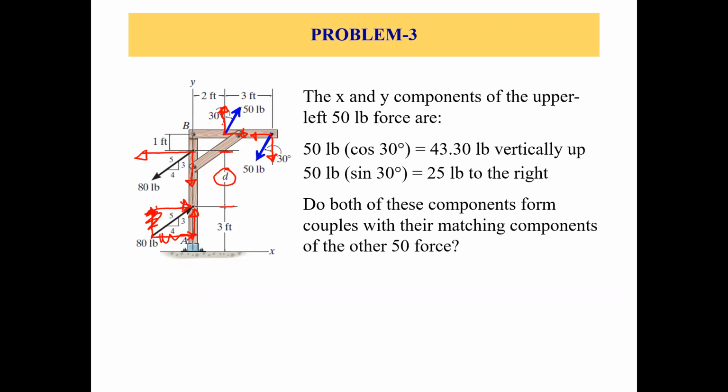All right. So now let's find these components and then try to find the resultant couple. What are the X and Y components of this 50-pound force? 50 pounds cosine 30, which is 43.3 pounds, is the Y component, vertically up.